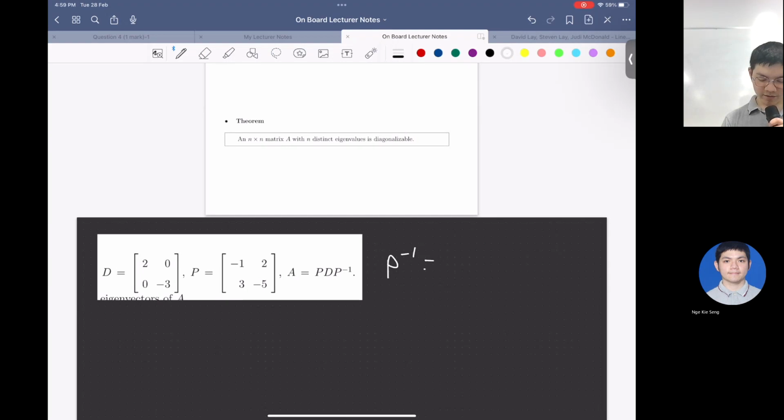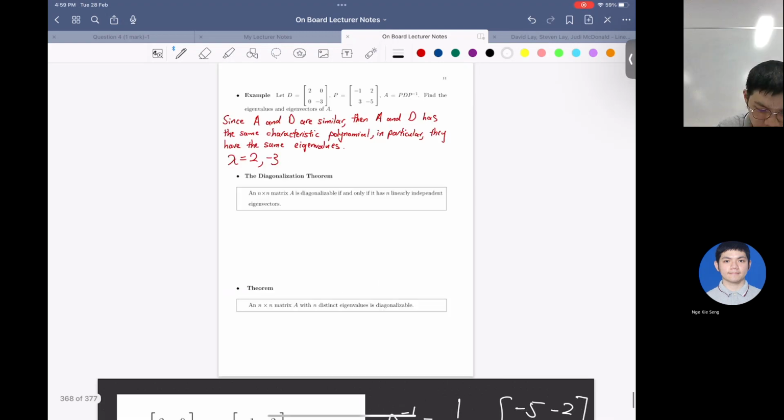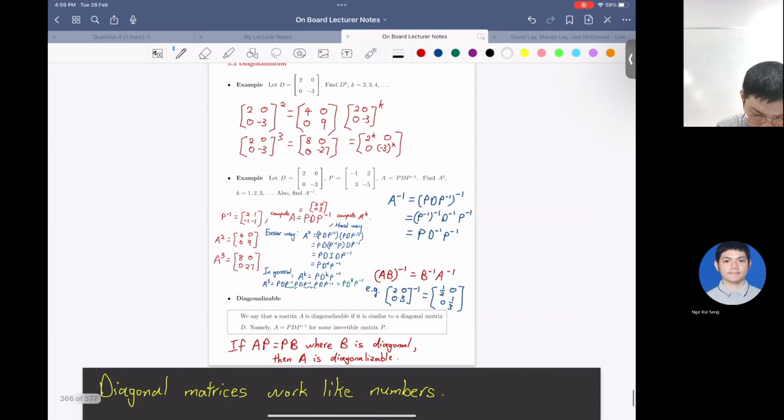P inverse is 1 over the determinant, 5 minus 6 is minus 1, times minus 5 and minus 1 swapped, and then minus 2, minus 3. So 5, 3, 2, 1. Yeah, this is P inverse. Is this the P inverse we got just now?